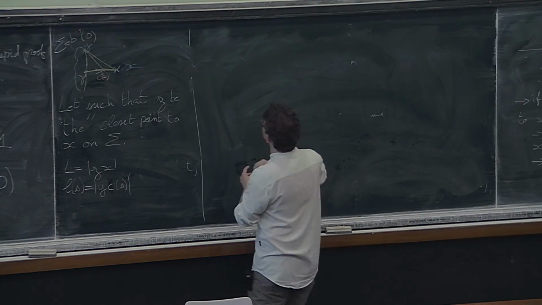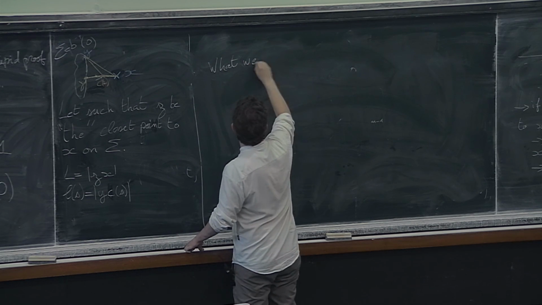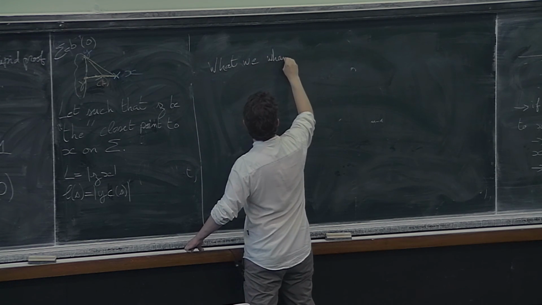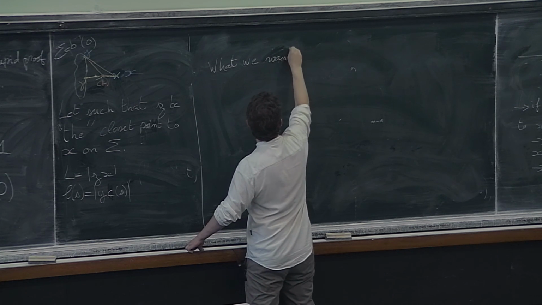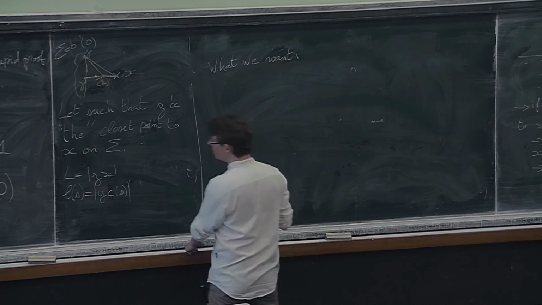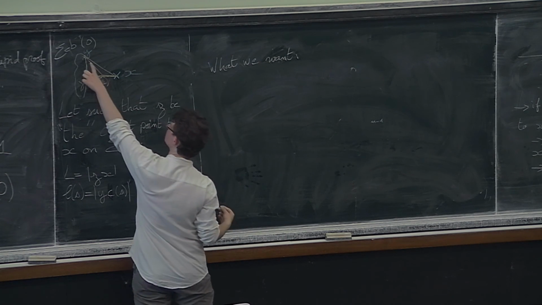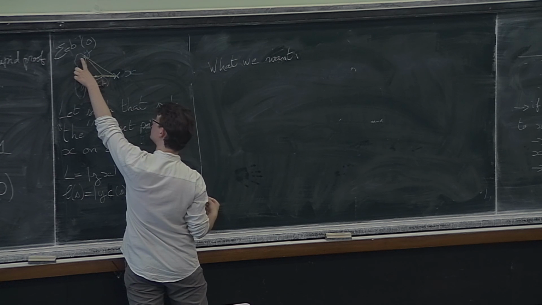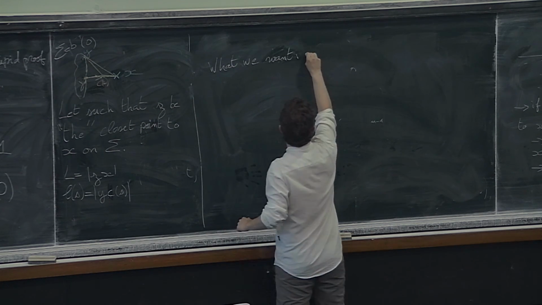So what do we want? We want the Pythagoras theorem. So what we want is that, at S equals 0, I'm here. Okay? So I'll try to write that in a good way.